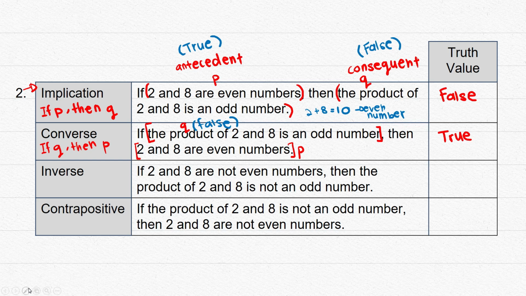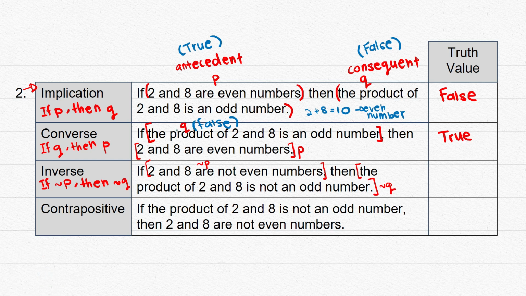Now we continue with the inverse. It is in this form: if tilde P, then tilde Q. For the inverse, tilde P will become the antecedent and tilde Q will become the consequent. 2 and 8 are not even numbers: this is tilde P. The product of 2 and 8 is not an odd number: this is tilde Q. Just now we already determined P is true.